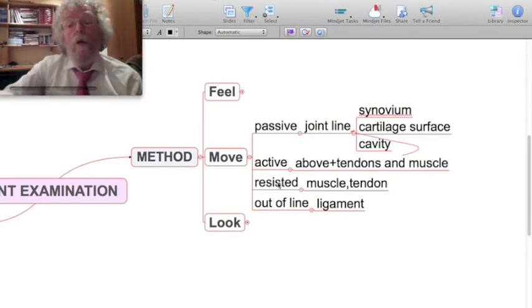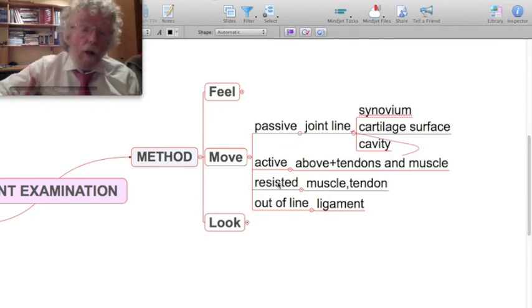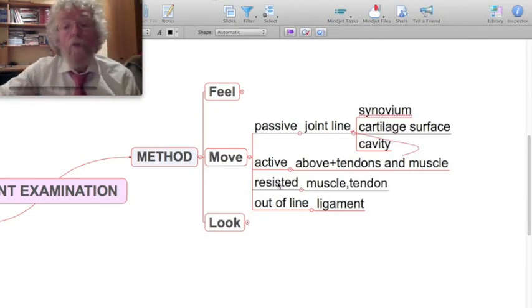Resisted movement is useful when we're examining whether the lesion is primarily of a muscle or a particular tendon, and movement of the joint using that particular muscle or tendon against resistance will often evoke the symptom or pain in most cases.